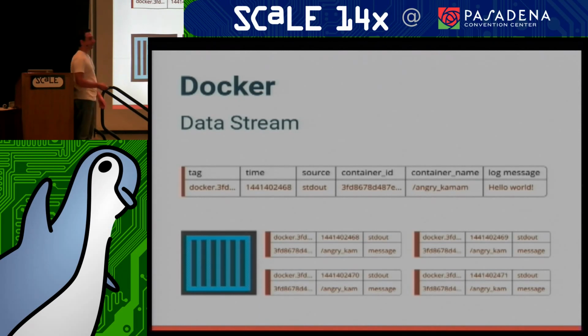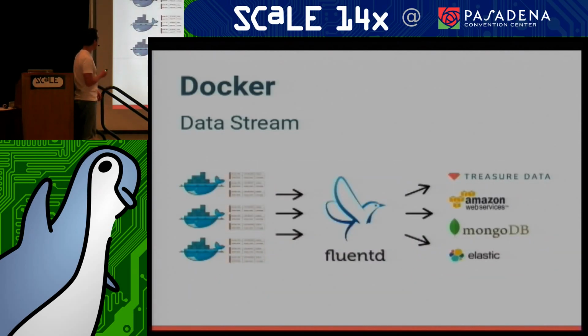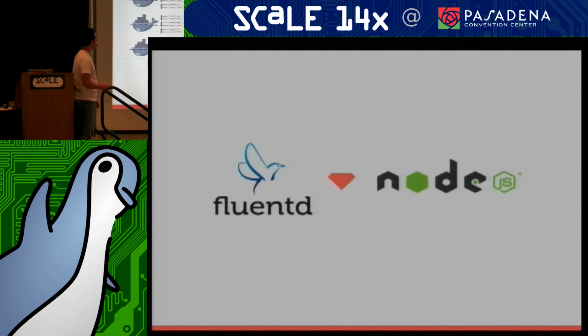Each container often generates many of them. So if you're writing an application that's going to be deployed on Docker, just stream out some JSON messages, if you want, to the standard output, and you are set. You don't need to take care of logging anymore. And at the end, you get this: many Docker instances flushing the data to Fluentd.